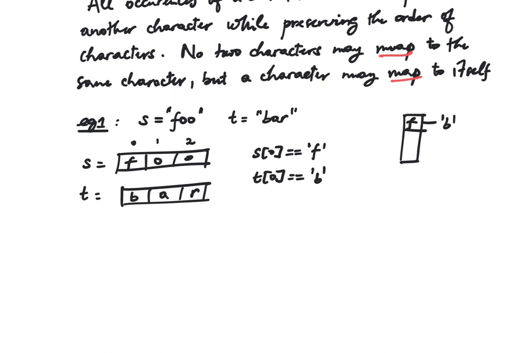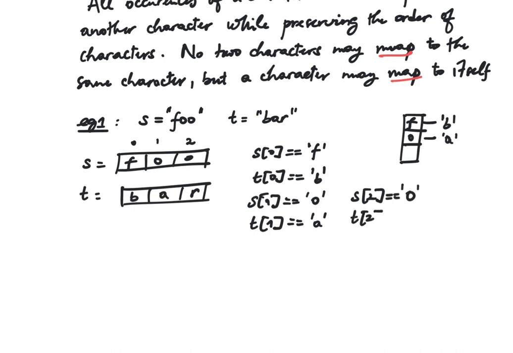Okay, now we take the second character, S of 1 is equal to O and T of 1 is equal to A. It is the first time that it is appearing, so we have O that can map to A. Now we have S of 2 that is equal to O and T of 2 is equal to R. So because O already appears in the map and O maps to the character A, O cannot map to another character.